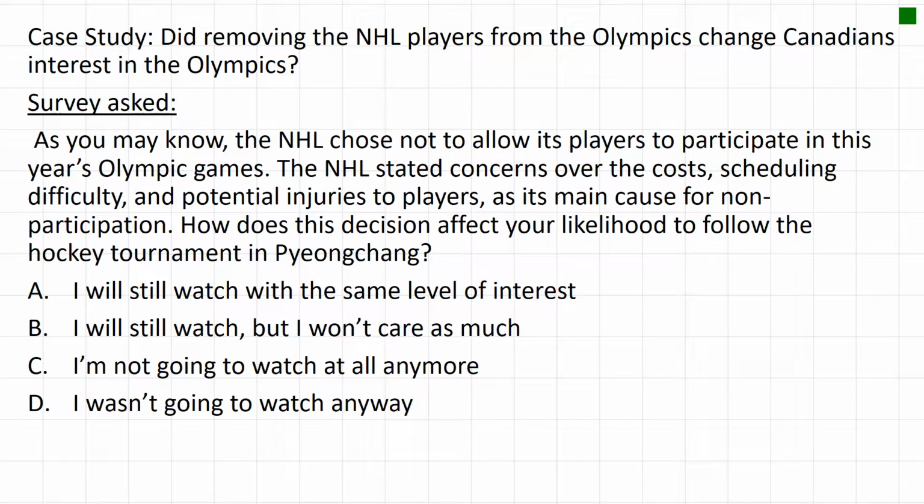So you had 4 options. A, I will still watch with the same level of interest. B, I will still watch, but I don't care so much. C, I'm not going to watch at all anymore. And D, I wasn't going to watch anyways. So this is an example of a closed-ended question, because it has four options for response.